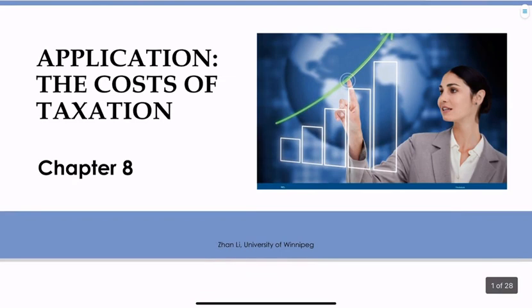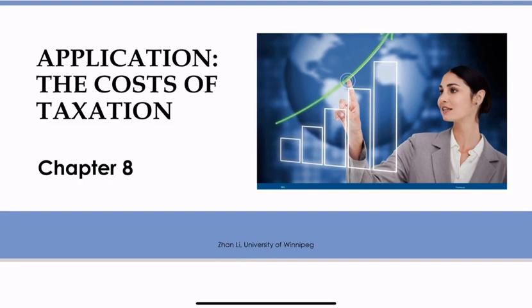You can see that we actually talked about tax before. Basically, we talked about tax burden, right? And we found out the tax incidence. That is, the tax burden will be shared between buyers and sellers, no matter who actually pays the tax.